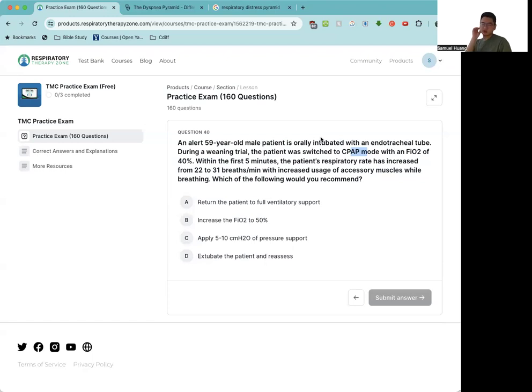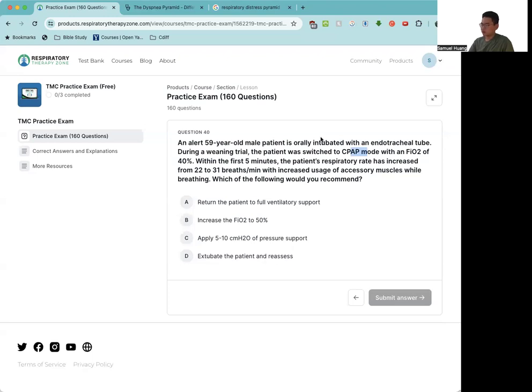A lot of people like to do a PEEP of 5 and give a pressure support of 7, an expiratory pressure of 5 and a pressure support of 7. Some people like to give an expiratory pressure of 3 and pressure support of like 9 or 6.